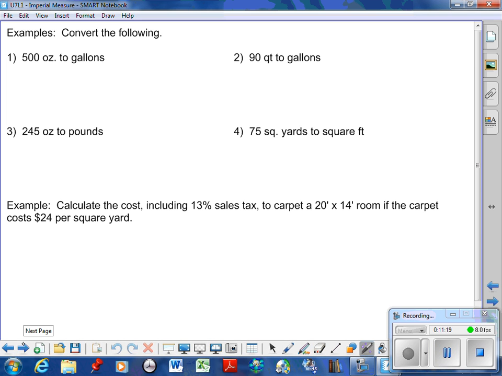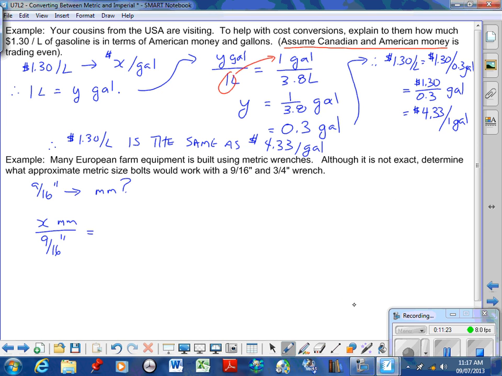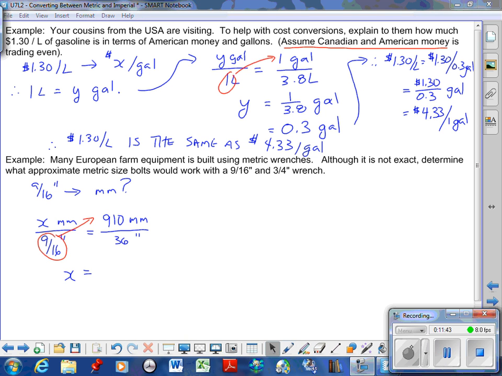So I know that there are 910 millimeters for every 36 inches. Doing the cross multiply here, 9/16, you have to convert that to some form of decimal for yourself, and we'll calculate that out. That comes out to be 14.2 millimeters.